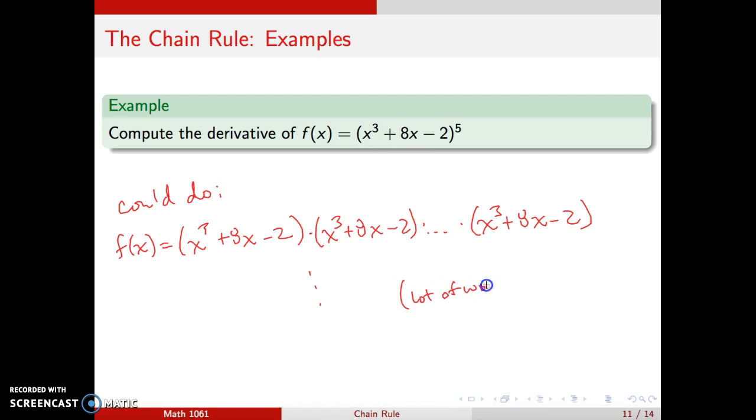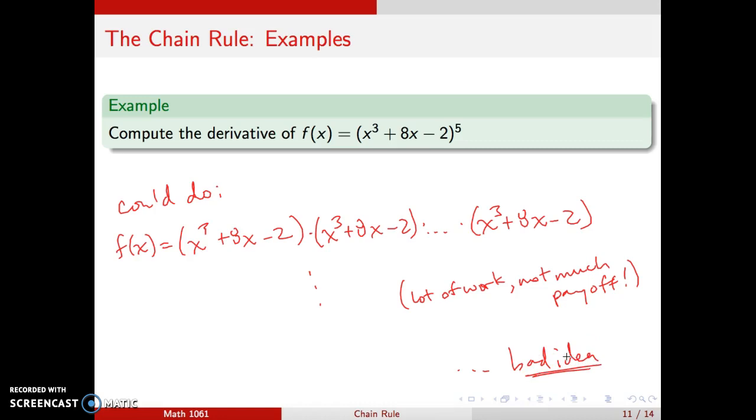This is a lot of work, not much payoff. We'll call it a bad idea. So instead I want to use the chain rule.